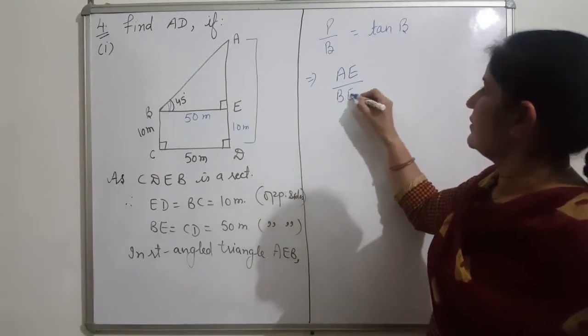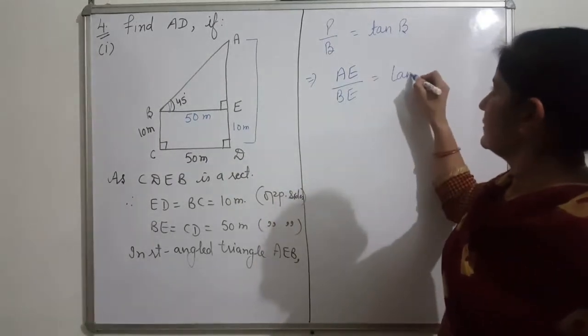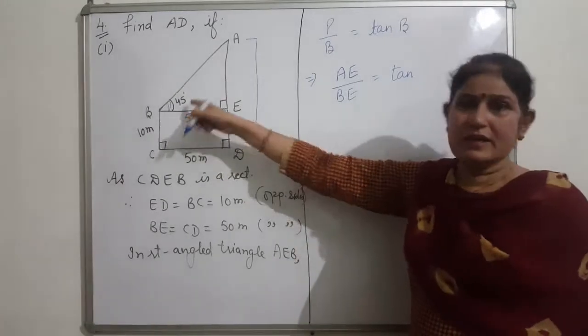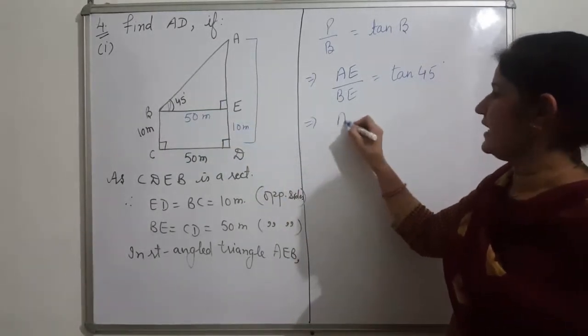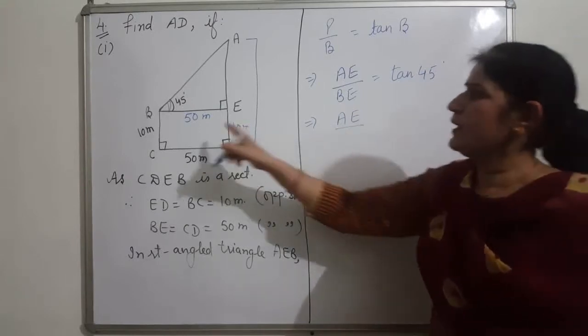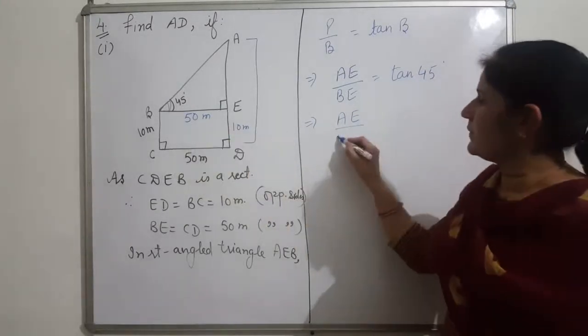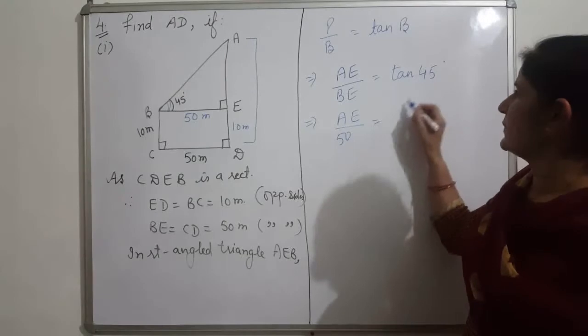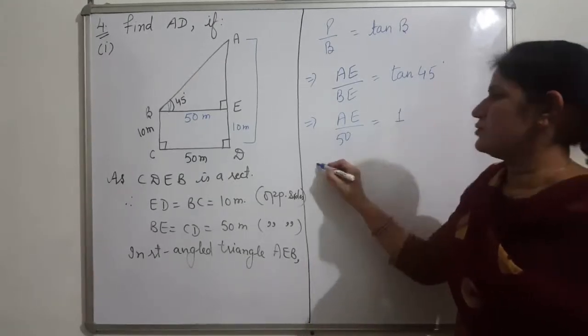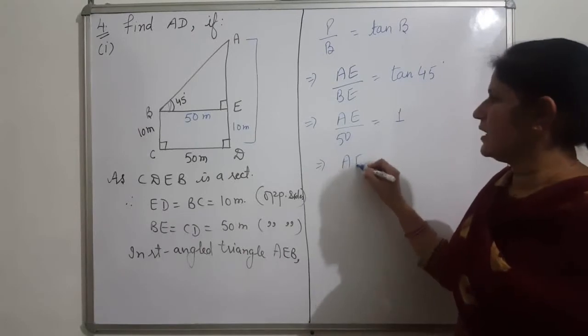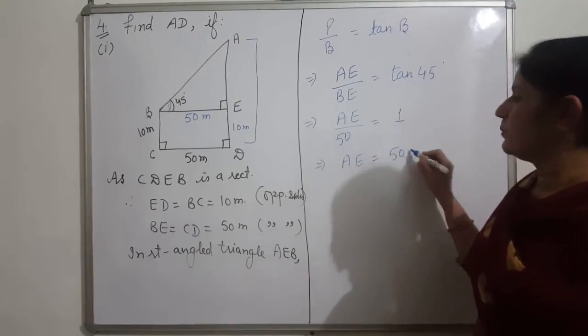We write here tangent of angle B, 45. So AE upon BE, BE is here 50 meters. So substitute here 50. Tangent 45, its value is 1. So AE equals 50 meter.